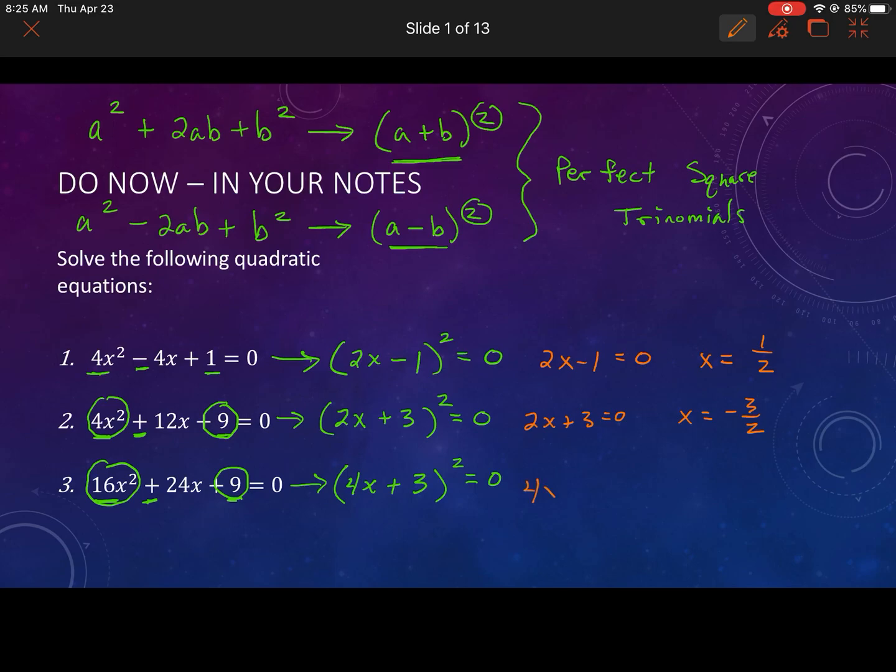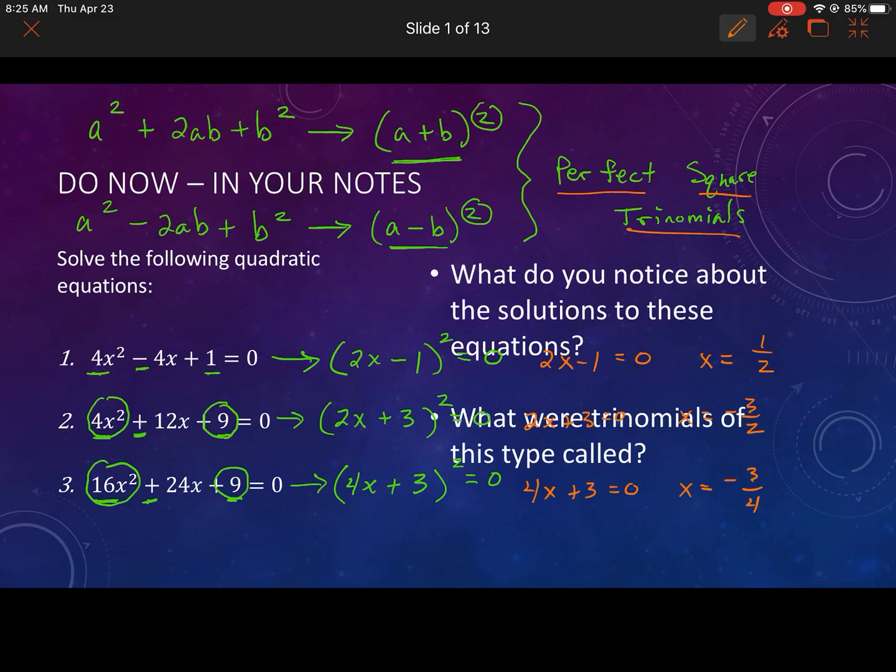And for the third one, 4x plus 3 equals 0 is going to give me an x of negative 3 over 4. Right? Subtract 3, divide by 4. So that's the quick and easy way to do this when we have a perfect square trinomial set equal to 0. Okay, so we're going to use that today.